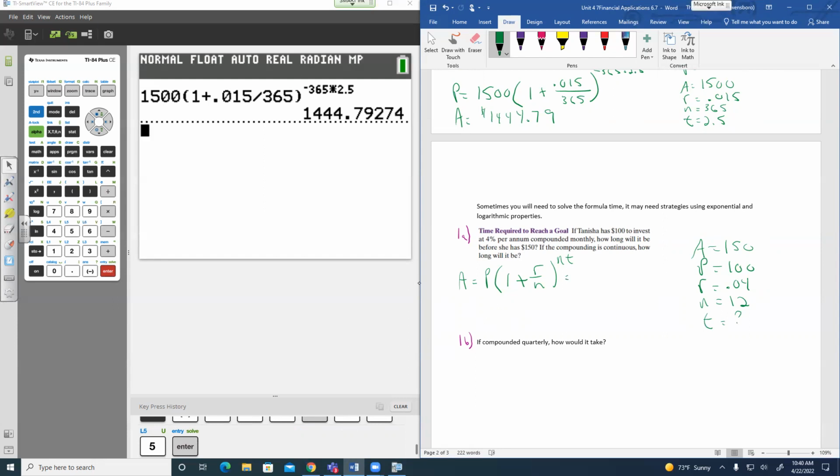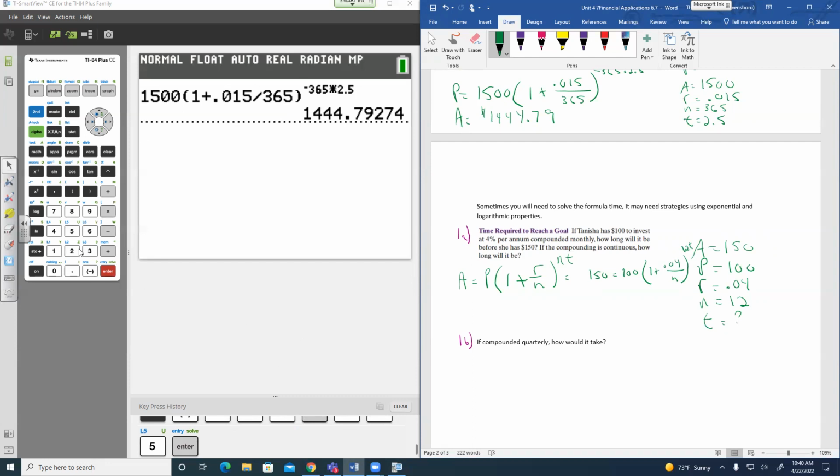So we have the 150 for A is going to equal, we know the 100, and we have this 1 plus 0.04 over n raised to the nt. So it's going to be actually 12t. So one of the things I can do is go ahead and divide each side by 100 to kind of isolate some things here.